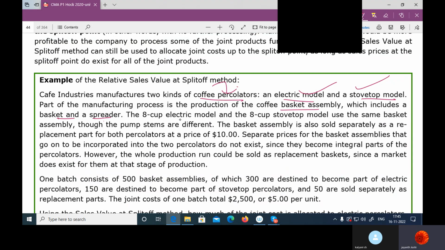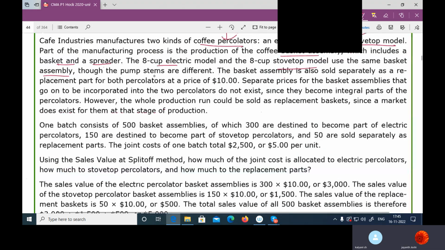The 8-cup electric model and 8-cup stovetop model use the same basket assembly, though the pump stems are different. The basket assembly is also sold separately as a replacement part for both percolators at a price of $10.